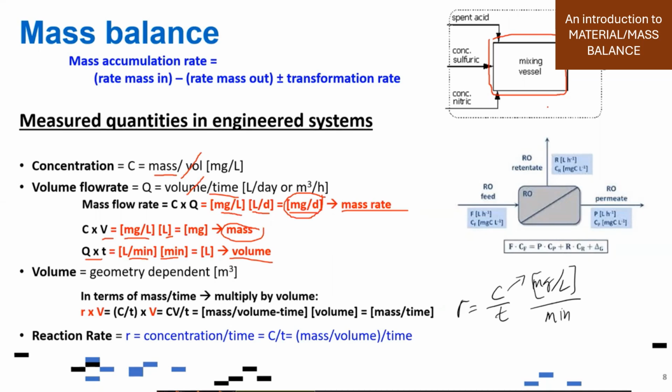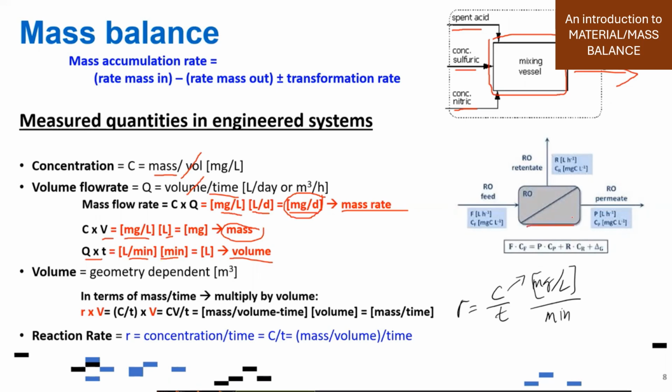So you have an input, an output, and the accumulation. Once we have a control volume in this part of the mixing vessel, we can identify what is coming in and what is coming out. In this case, mass in is spent acid, concentrated sulfuric and concentrated nitric acid, going to this control volume, and there is a product as an output. So you can have that as a mass balance concept here.